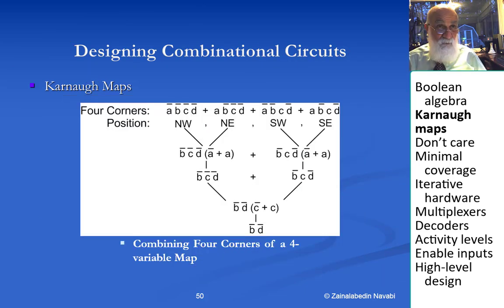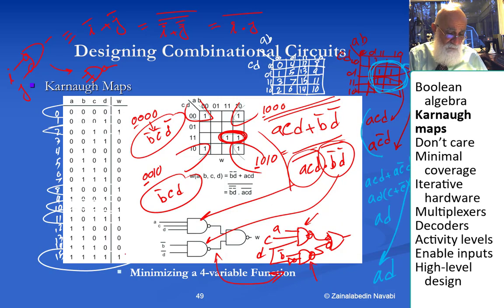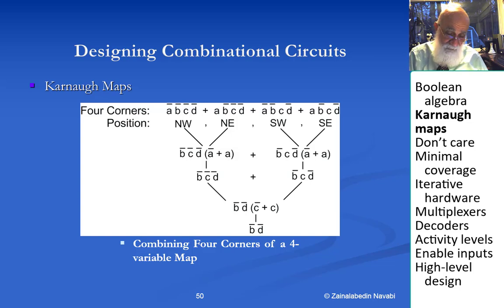What has happened for the four corners is this. A bar, B bar, C bar, D bar is northwest. I'm going to redraw this. 0, 0, 0, 1, 1, 1, 1, 0.